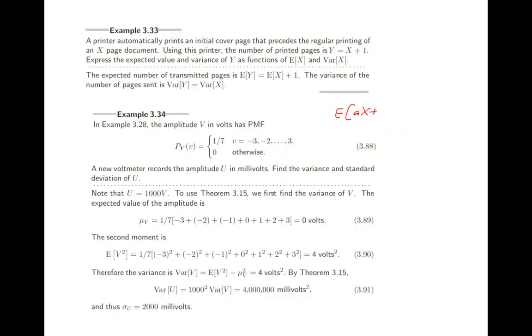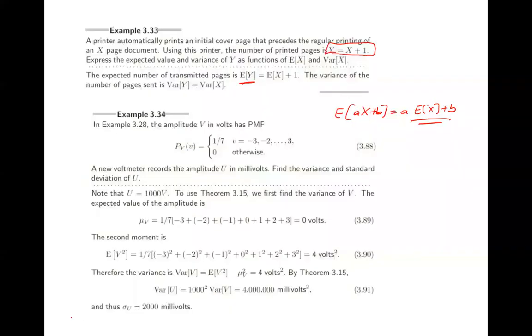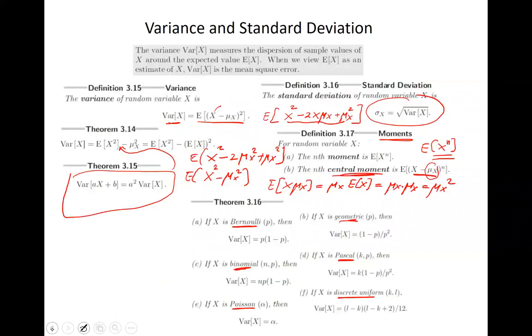The expectation of ax plus b, for example, is a times the expectation of x plus b. So we can use this to derive the expected value of y when y is equal to x plus 1. We can also determine its variance by using this formula. Okay, so the variance of ax plus b is a squared times the variance of x.